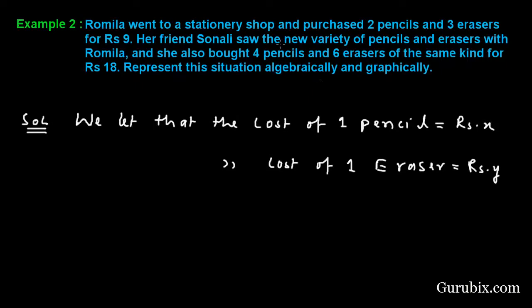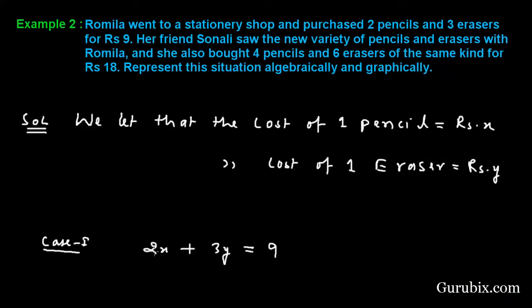Here are the two conditions in the example. For the first condition, where Romila purchased 2 pencils and 3 erasers for rupees 9, in case 1, when 2 pencils and 3 erasers are purchased, the algebraic representation of this condition will be 2 pencils, this means 2x, 3 erasers, this means 3y, is equal to 9.